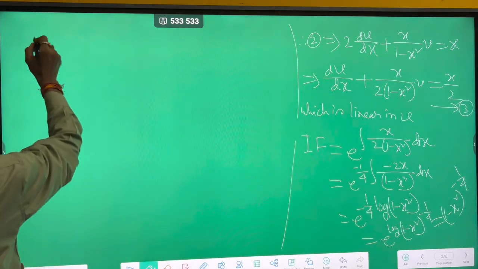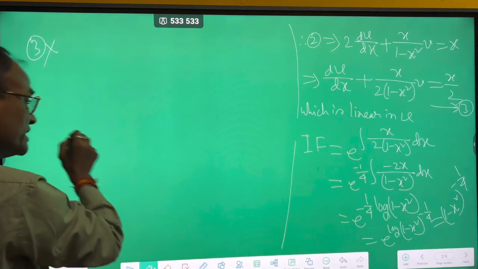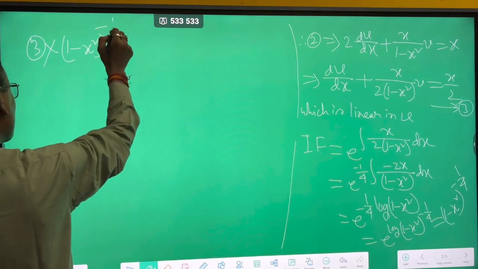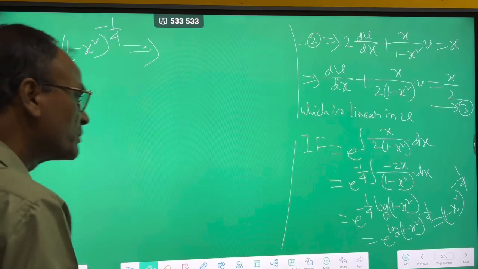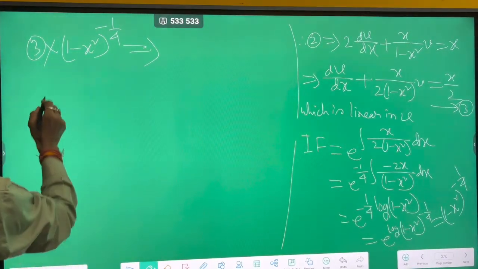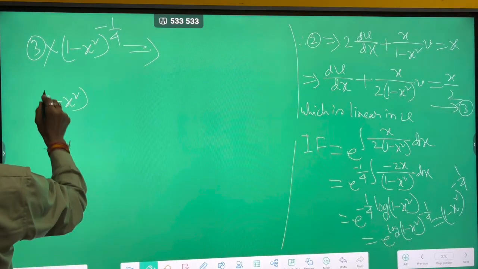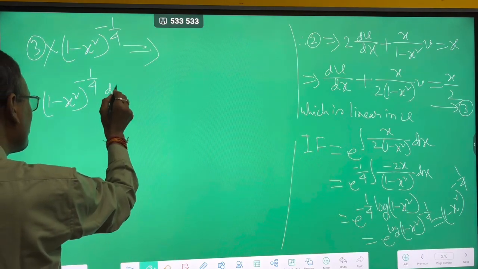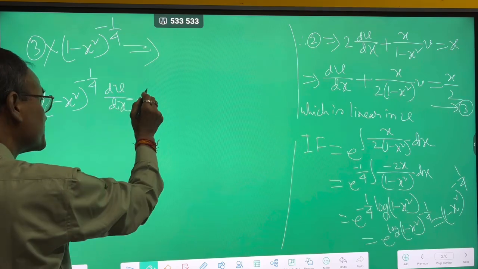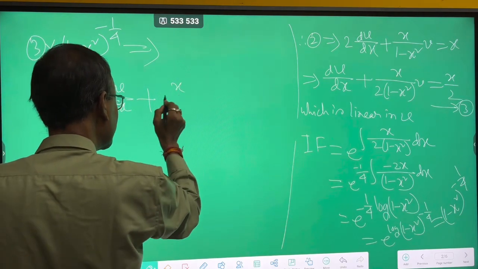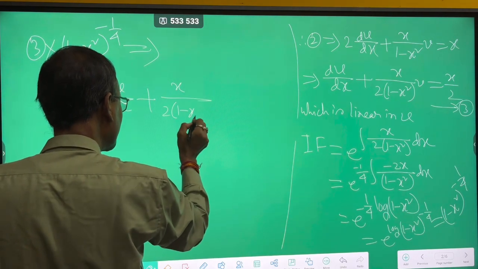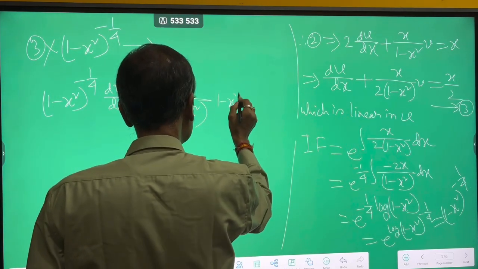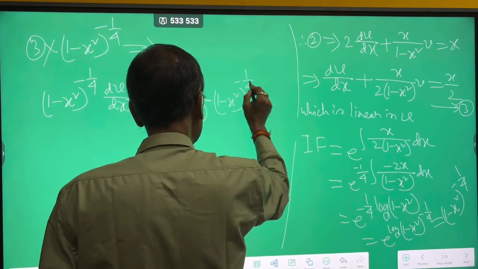Three into integrating factor. What is the integrating factor? 1 minus x square whole to the power minus 1 by 4. You will get 1 minus x square whole to the power minus 1 by 4 dv by dx plus x by 2 into 1 minus x square into 1 minus x square whole to the power minus 1 by 4.